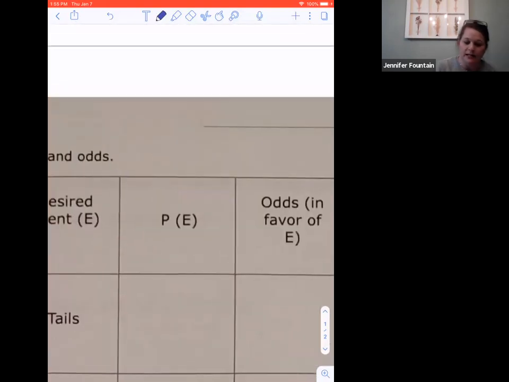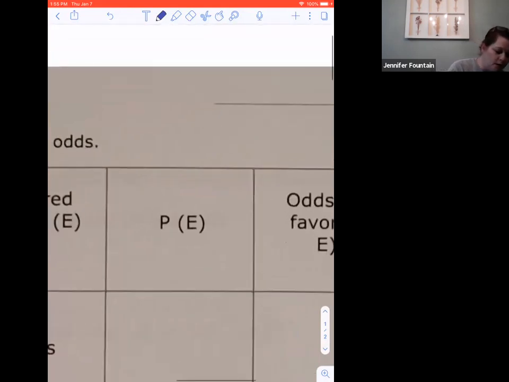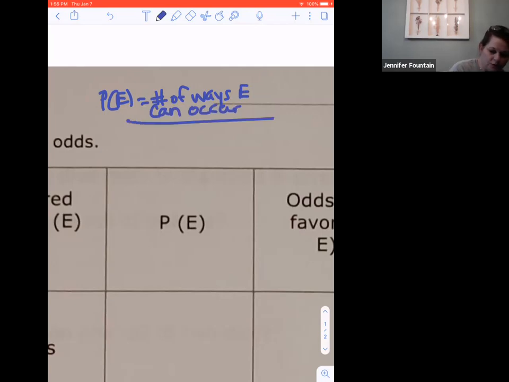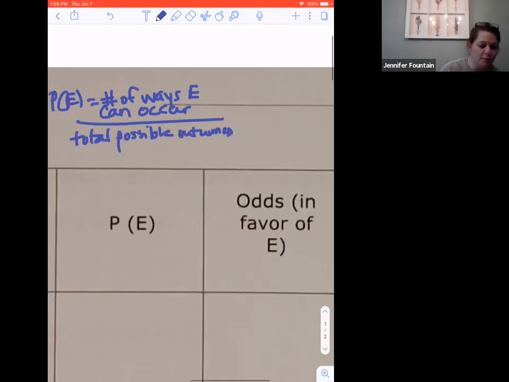So remember probability, I'm going to go ahead and put our formula where P of E equals number of ways E can occur over total possible outcomes. Okay, so that's probability.